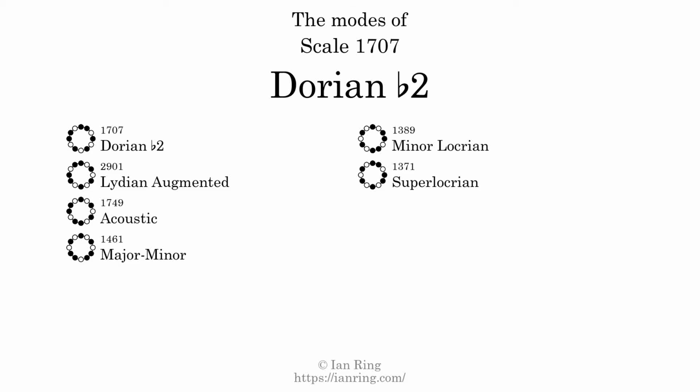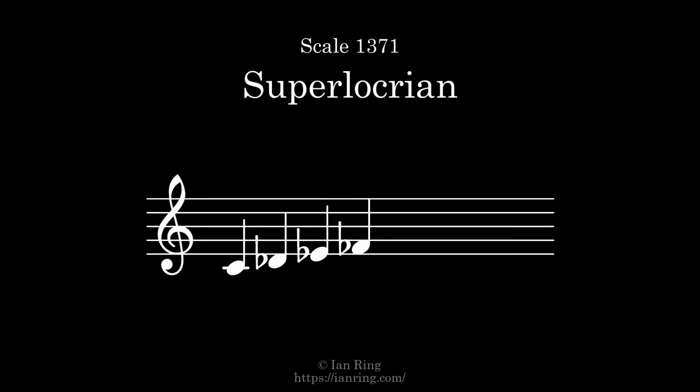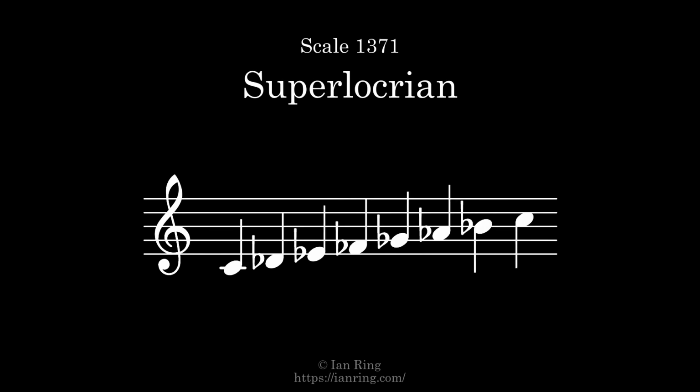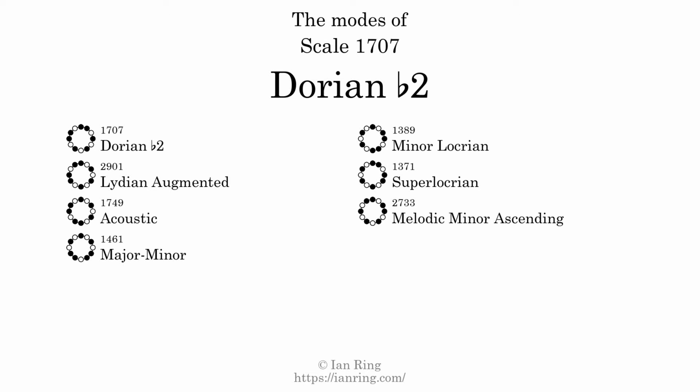The sixth mode is scale 1371, also known as superlocrian. It sounds like this. The seventh and last mode is scale 2733, also known as melodic minor ascending. It sounds like this.